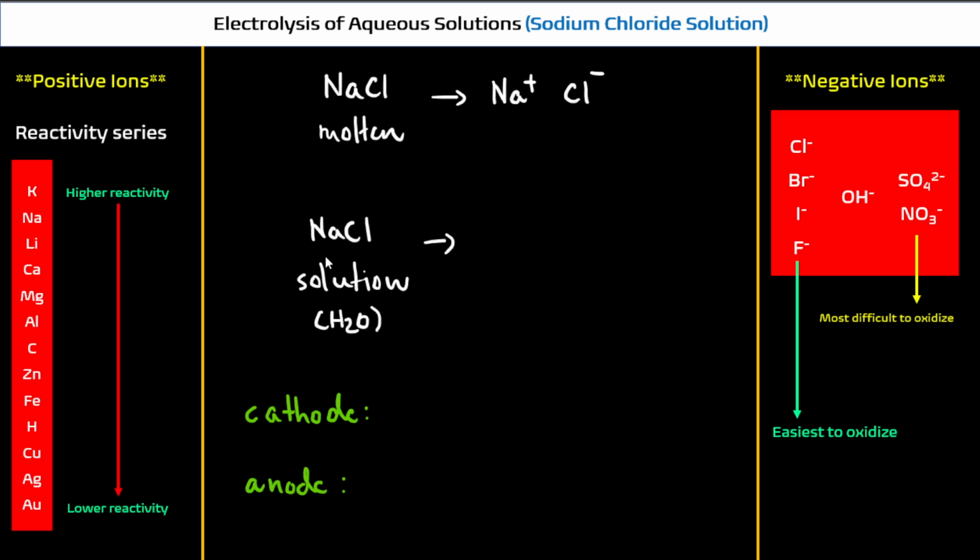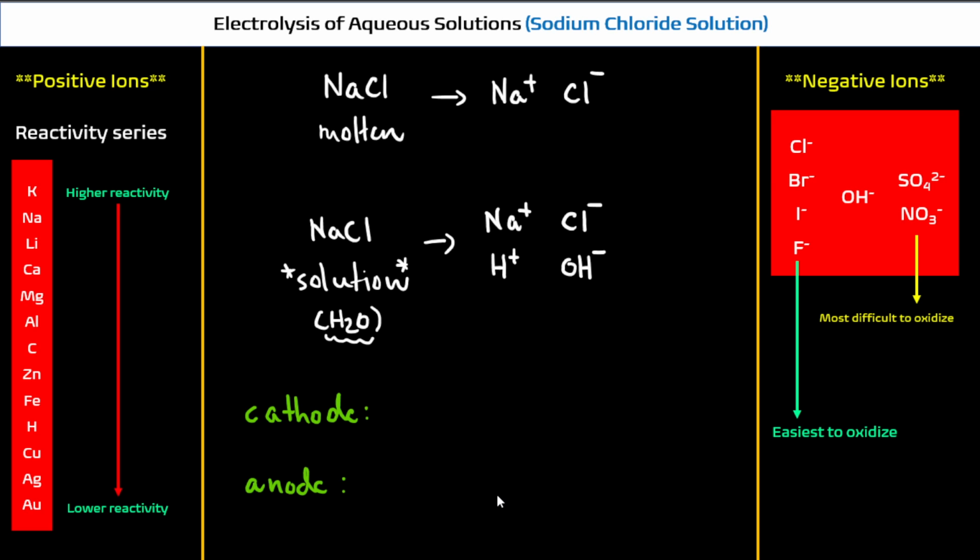But if it is sodium chloride solution, because of the water, we are going to have water in sodium chloride. So all the ions involved are Na plus and Cl minus from sodium chloride, and since this is a solution, it is going to involve H plus and OH minus as well.